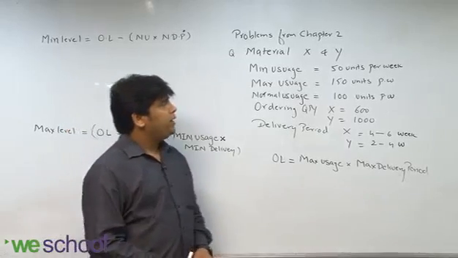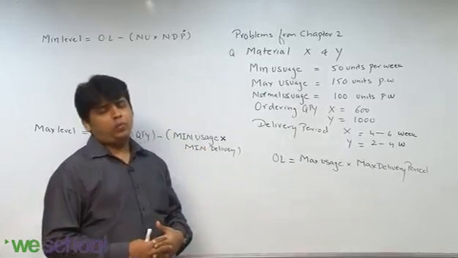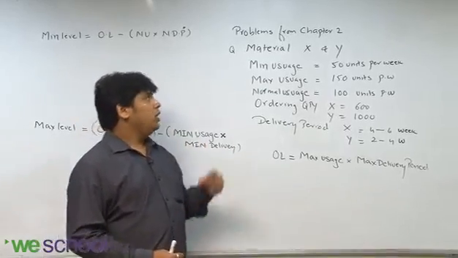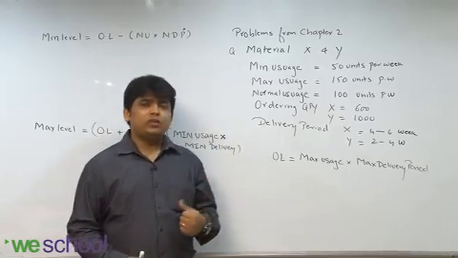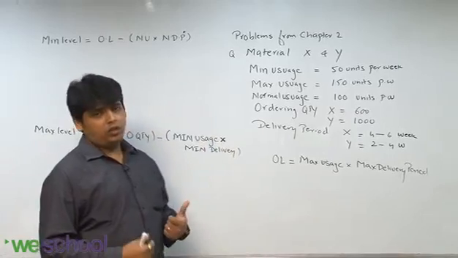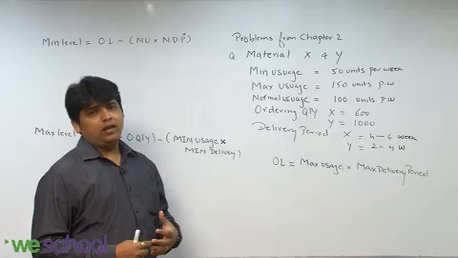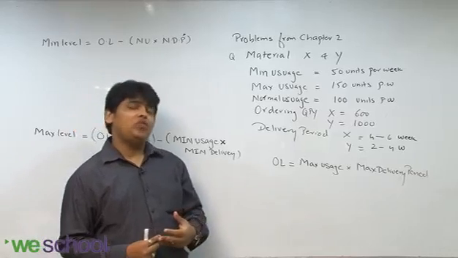Friends, as we have completed some problems of EOQ from this chapter 2, now this is another topic of this chapter, called inventory control. In that, one technique of inventory control is fixation of level.